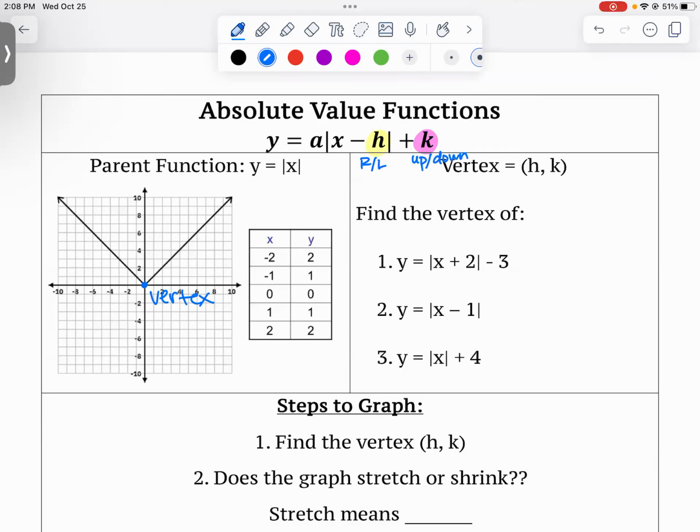What did you notice when we played with the numbers inside the absolute value, Henry? So when we played with the numbers where h was, if it was x minus 2, which direction did it go? Right. If it was x plus 2, what direction did it go? Left.